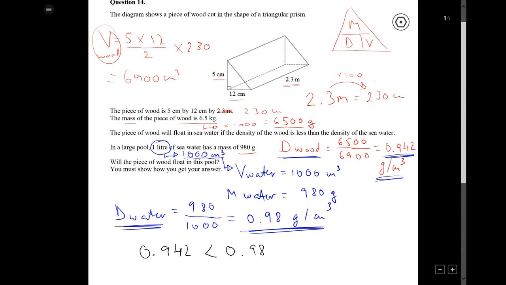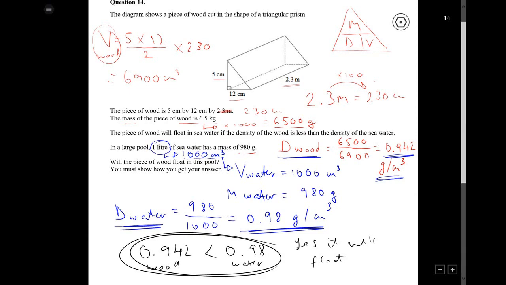This is the wood, this is the water. So yes, it will float. Sorry, there's some sort of lag here, I'm just waiting for all the writing to come up. Anyway, yes, it will float, and that's because the density of the water is higher than the density of the wood. There you go.